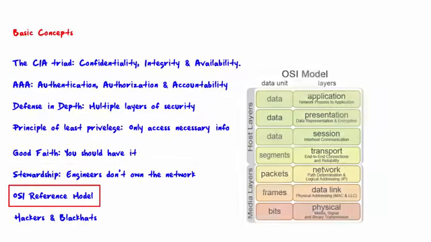The next concept is the OSI reference model. If you have not seen the OSI reference model, I recommend you go to Wikipedia or some other site and take a look at it. This is extremely important to understand, but it's really too basic to go over in this course.